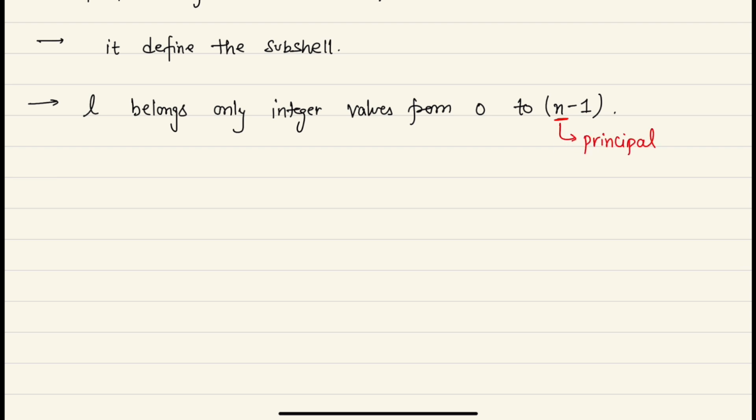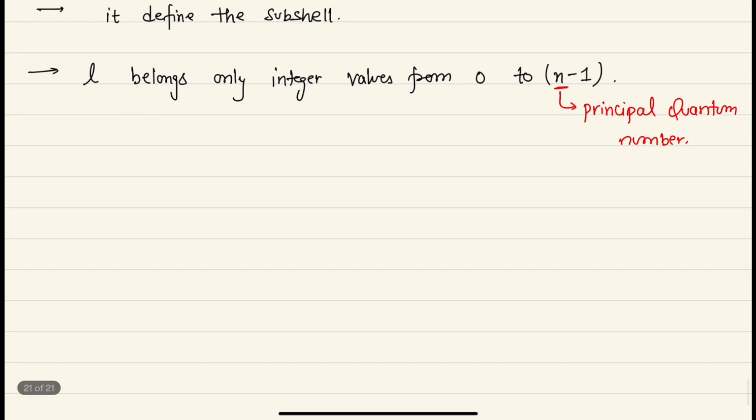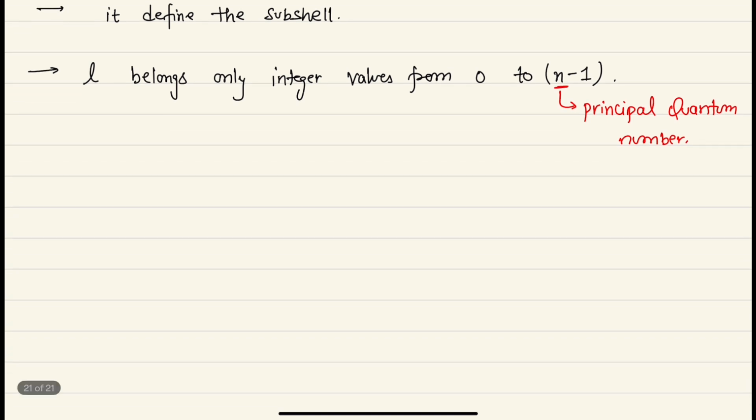So the L value belongs only to integer values from 0 to n minus 1.